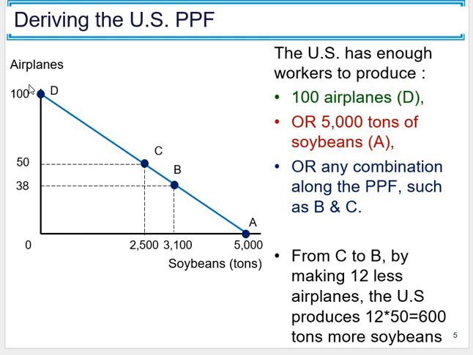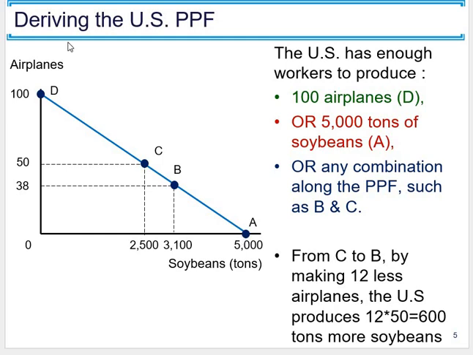So instead of producing 100 airplanes, we use all the workers, switching from airplane production to soybean production. The rate of exchange is that 100 airplanes can transform into 5,000 tons of soybeans, because that's exactly what all the US workers can do, either 100 airplanes or 5,000 tons of soybeans.